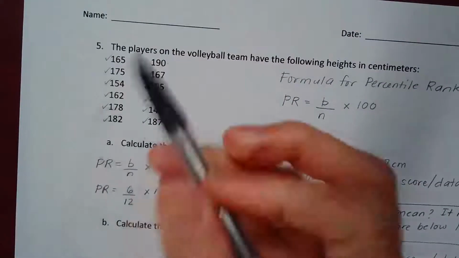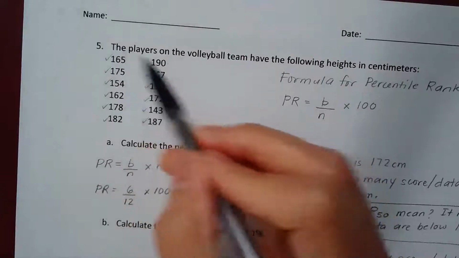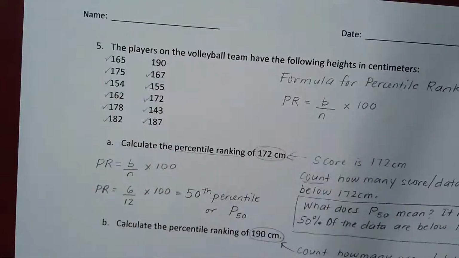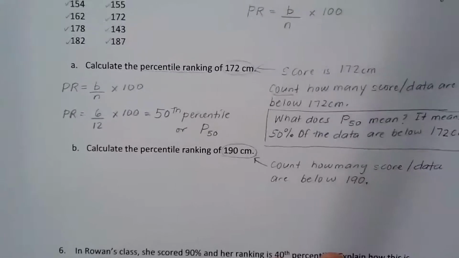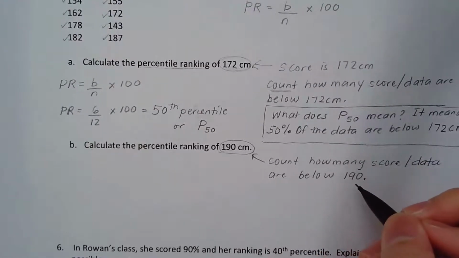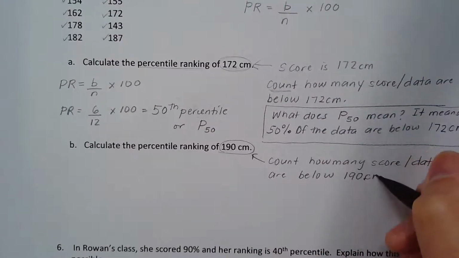Almost all of it except for one. We have to look for the ones that are below, that means lower than 190 centimeters. As it says here, we want to count the number that are below 190 centimeters.